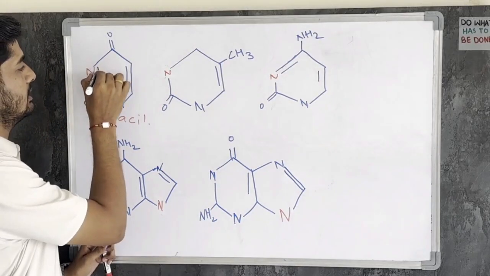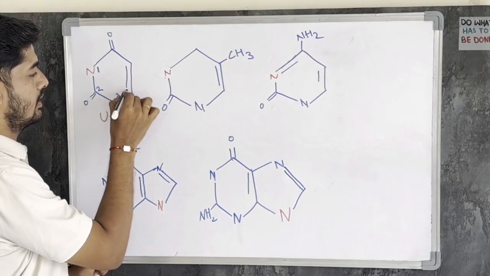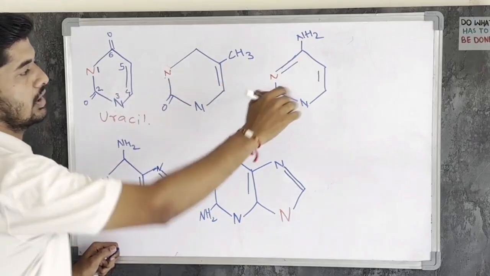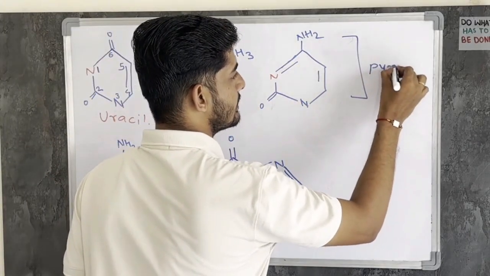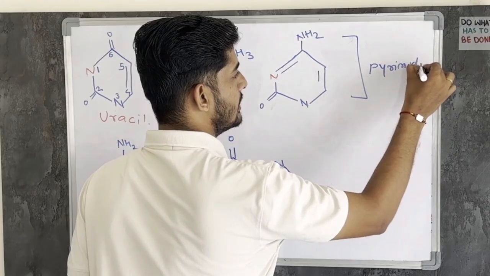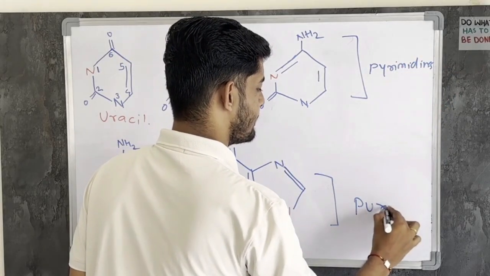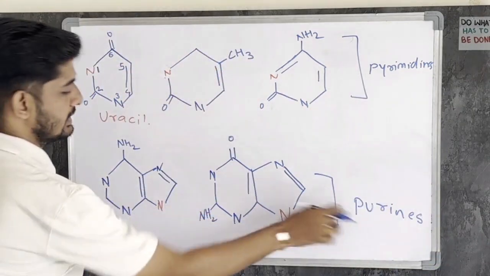This is our first carbon, first nitrogen, second, third, fourth, fifth, and sixth. This is our pyrimidines, and these are our purines. Pyrimidines are the single ring and purines are the double ring.